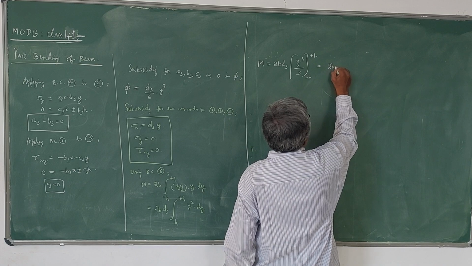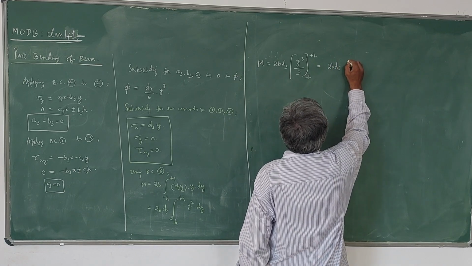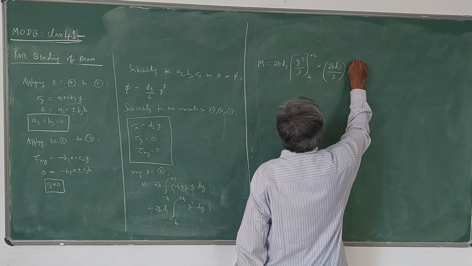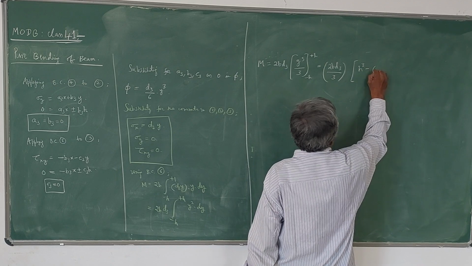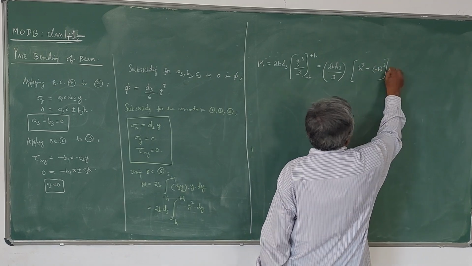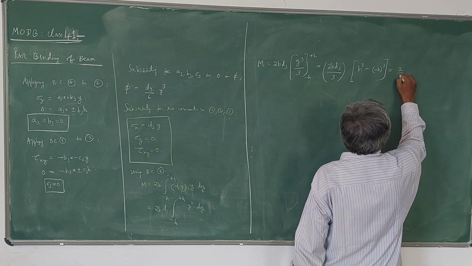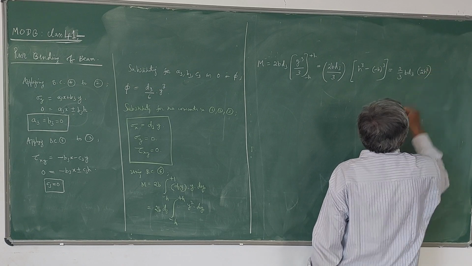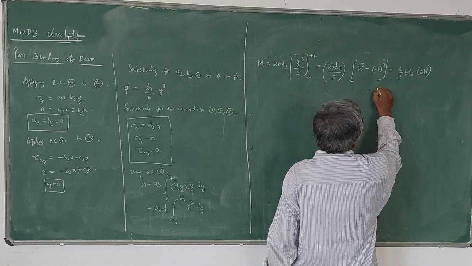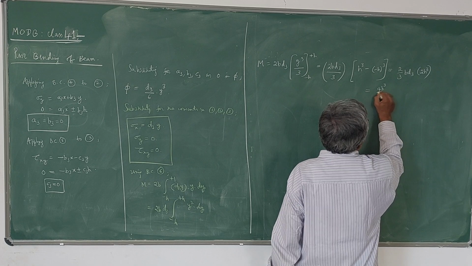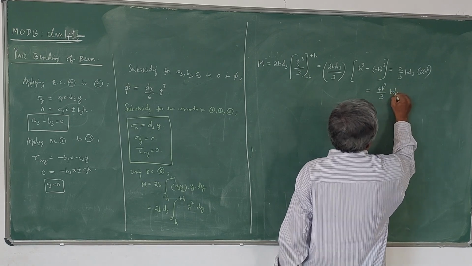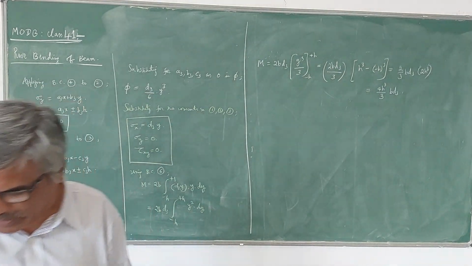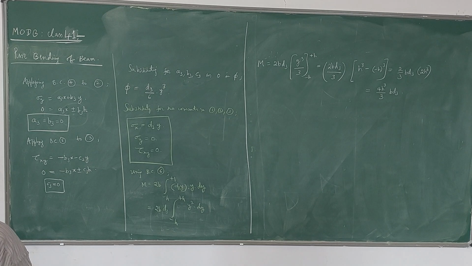So 2b d3 into 1 by 3, which I can take outside, into h to the power of 3 minus minus h to the power of 3. So it becomes 2 by 3 b d3 into 2h cube, which is 4h cube by 3 into b d3. This is what we get.